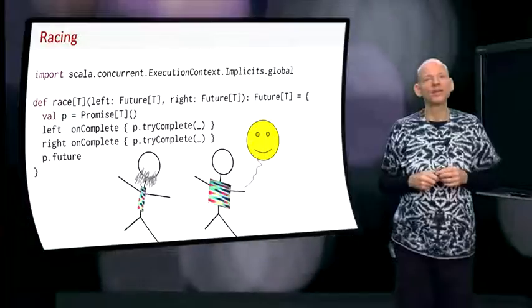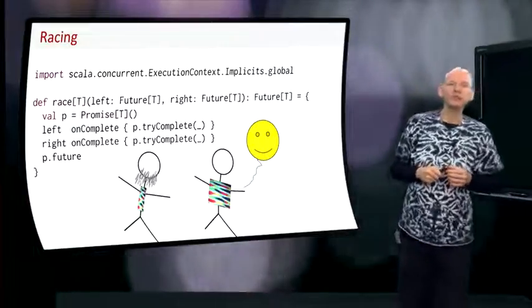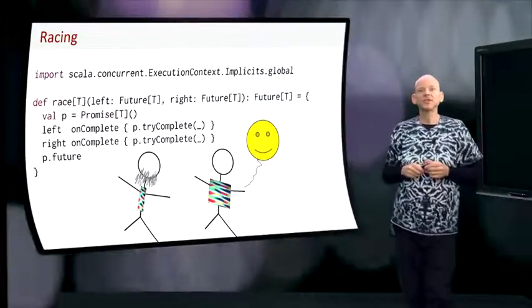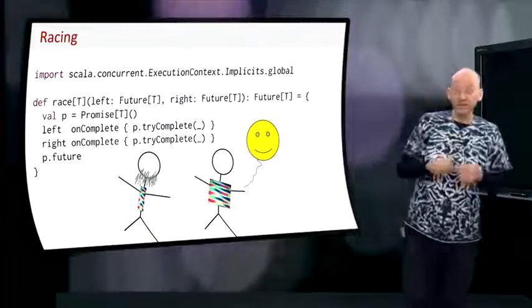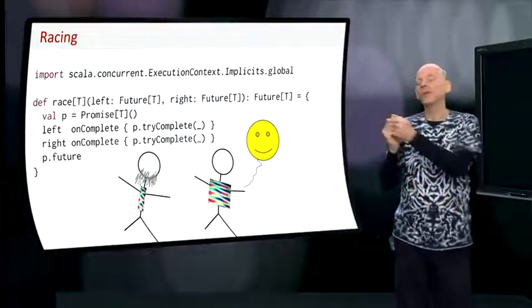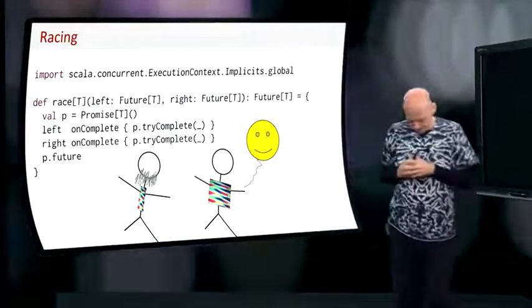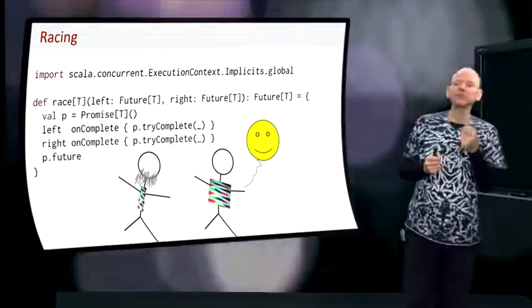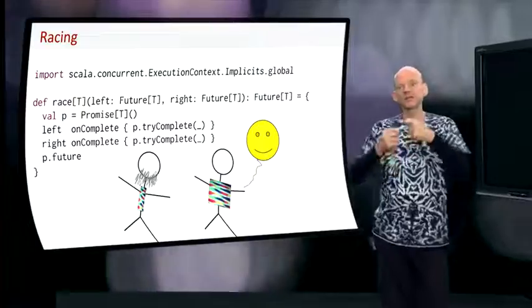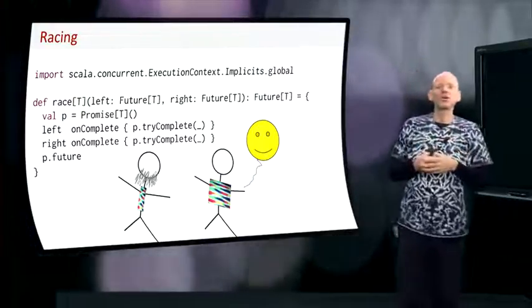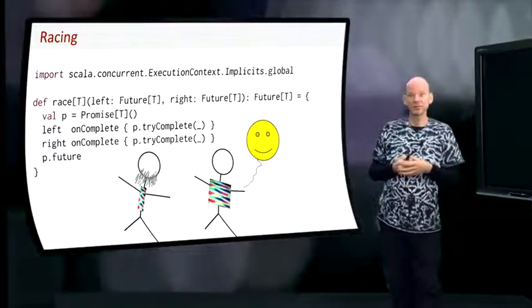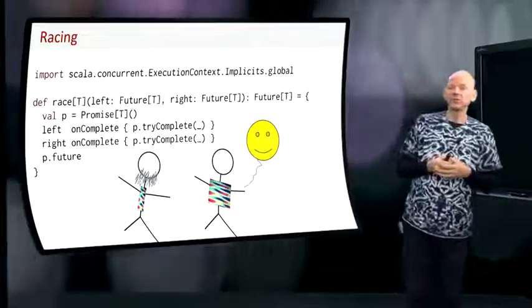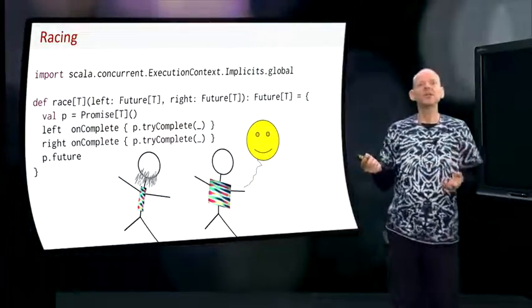Let's show an example of a future where we're going to race. So we're going to define race that takes two futures, and we want to return a new future, and that is the first future that will successfully or unsuccessfully terminate. So what do we do? We create a new promise.